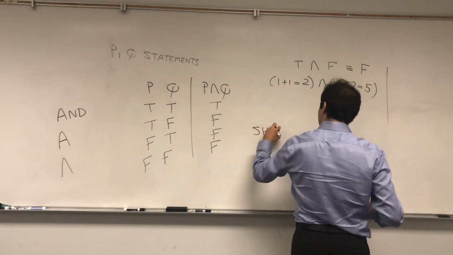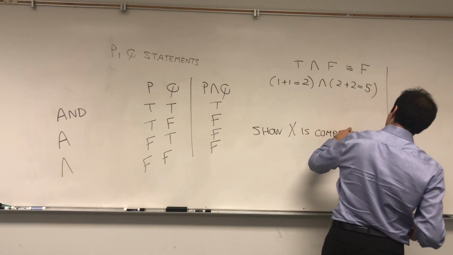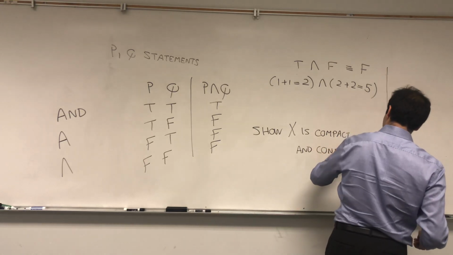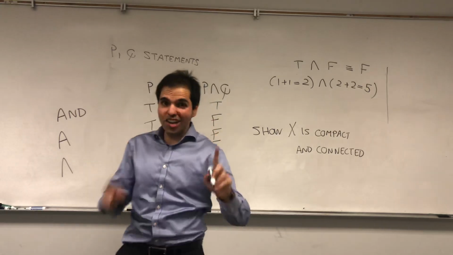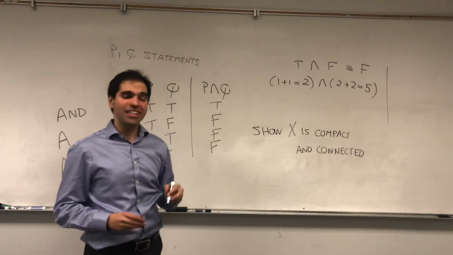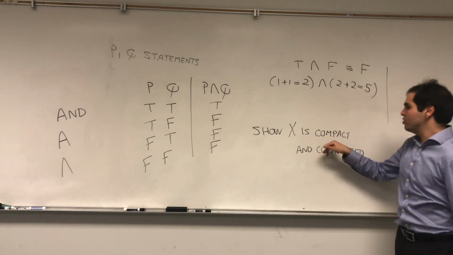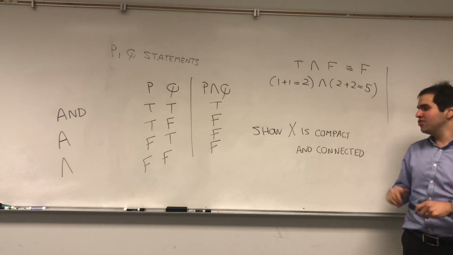Show X is compact and connected. Now, if you don't know what those terms mean, good, because this will make a bit more sense for you. Suppose on the exam, the professor asks you, show X is compact and connected. What would you have to show?